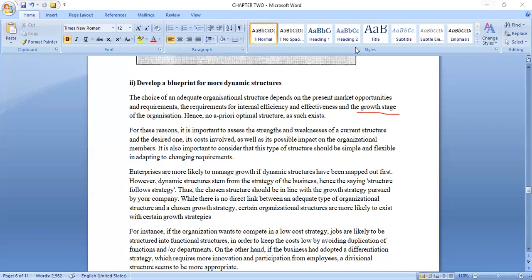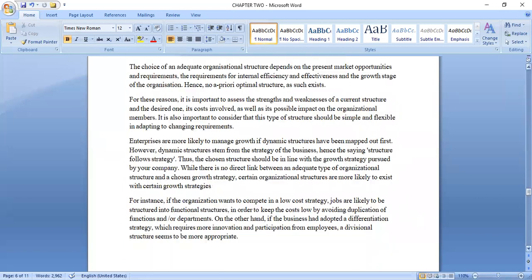Then also, as a business, you need to identify the strengths and the weaknesses of your business, right? So you don't just wake up one morning and say, yes, it should be this kind of organization structure. No, you analyze, look at the size of your business, look at the strengths and the weaknesses of your business. For example, you could find that there is a communication gap, right?